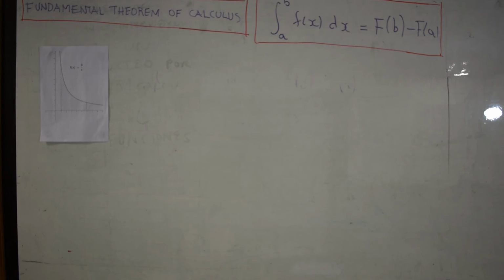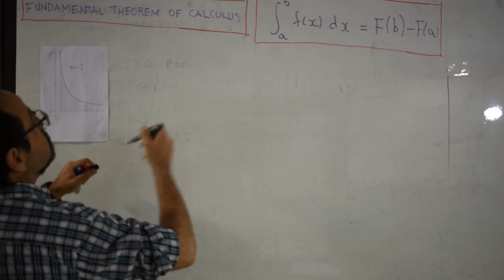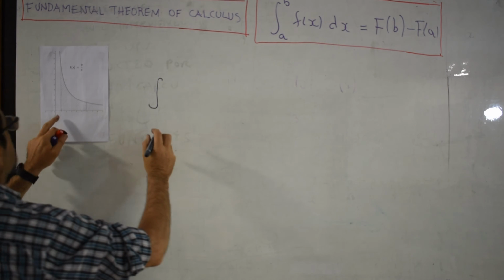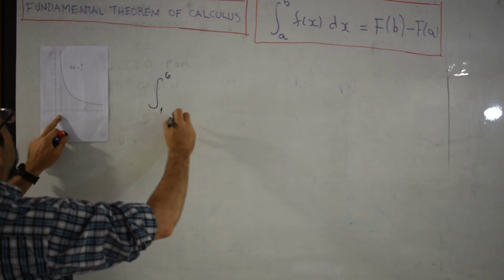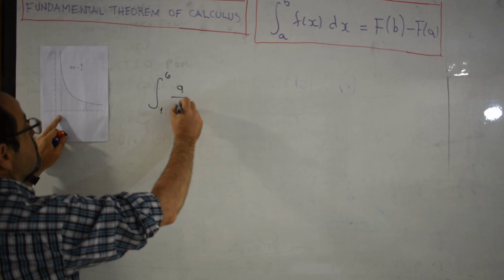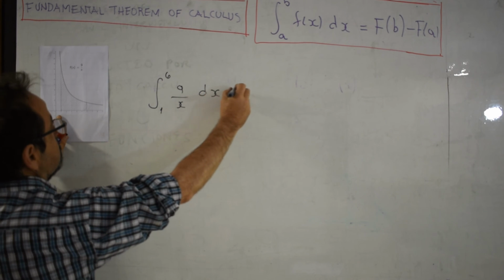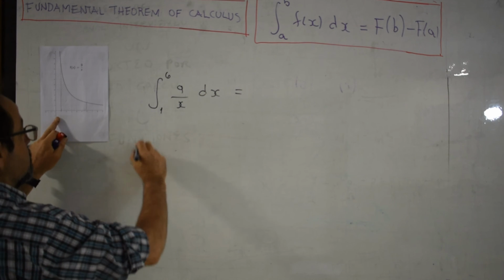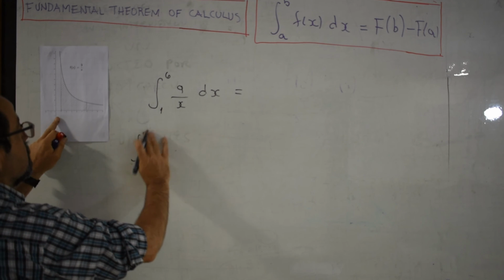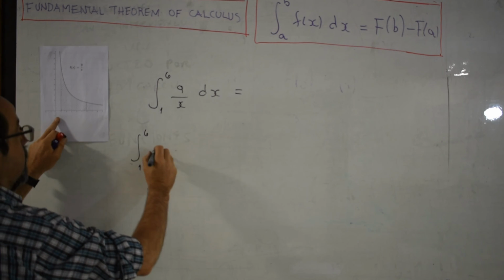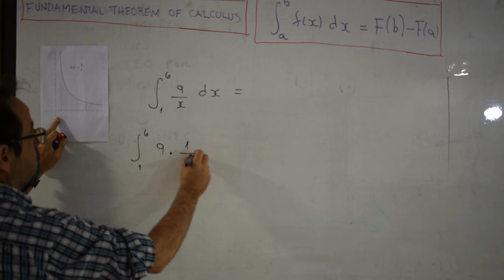So we are going to calculate this area, which we estimated was between 15 and 16, or between 15 and 17. And following the fundamental theorem of calculus, it is the integral between 1 and 6 of 9 divided by x, differential x. We could write this like 9 times 1 divided by x.